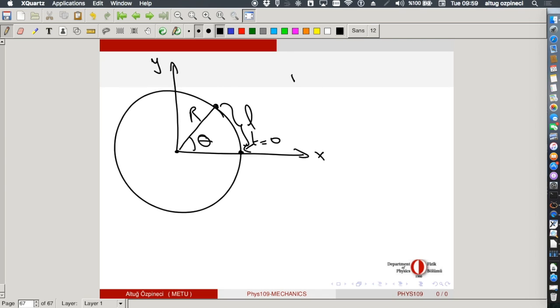Now, what is the position vector at this time? How can we write the position vector at this point? We already know these are our x and y directions. We call this theta.